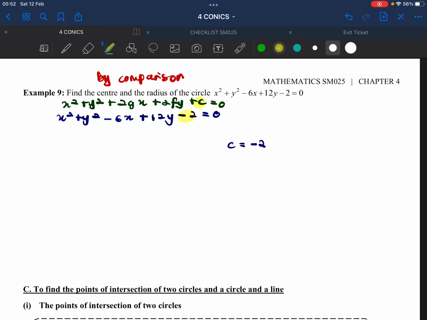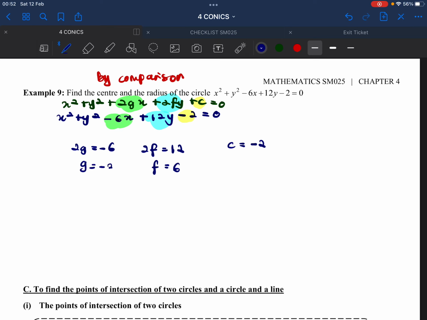Now let's compare this with 2fy and 12y here. Comparing the blue part, 2f equals 12, so f equals 6. Next, comparing this part, 2g equals negative 6, so g equals negative 3.